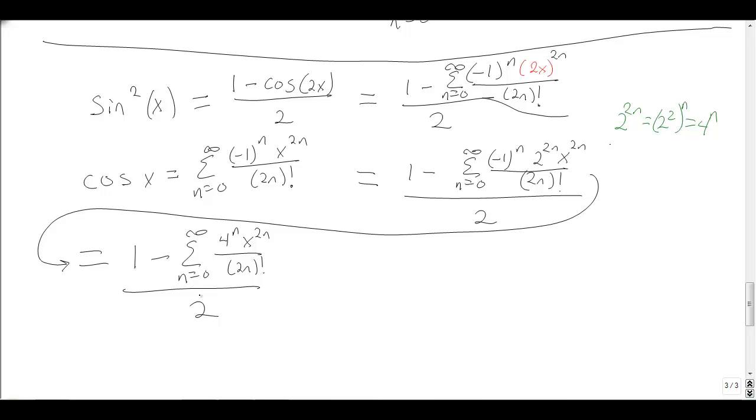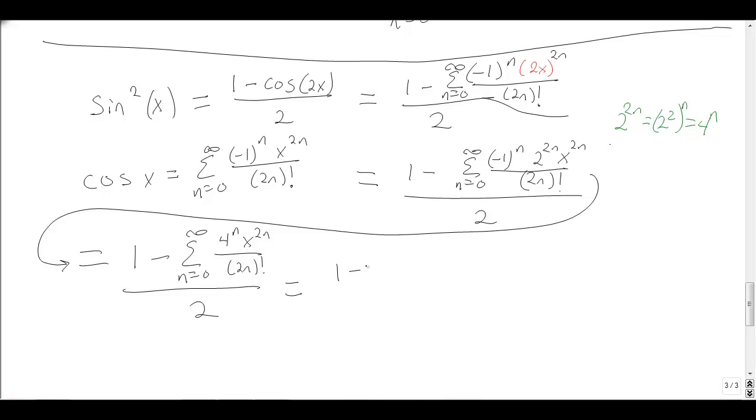Now, what's going to happen? When n is 0 in my series, I'm just going to pull that term off here because I want to combine it with the 1 here. So the 1 is sort of a degree 0 term, so I'm going to pull off the degree 0 term. Well, when n is 0, you get 4 to the 0 is 1, x to the 0 is 1, 0 factorial is 1.